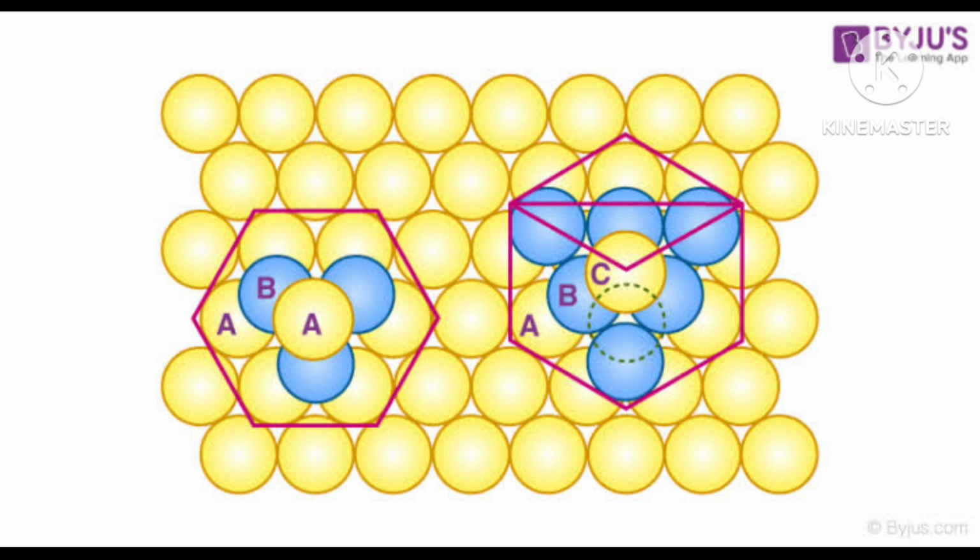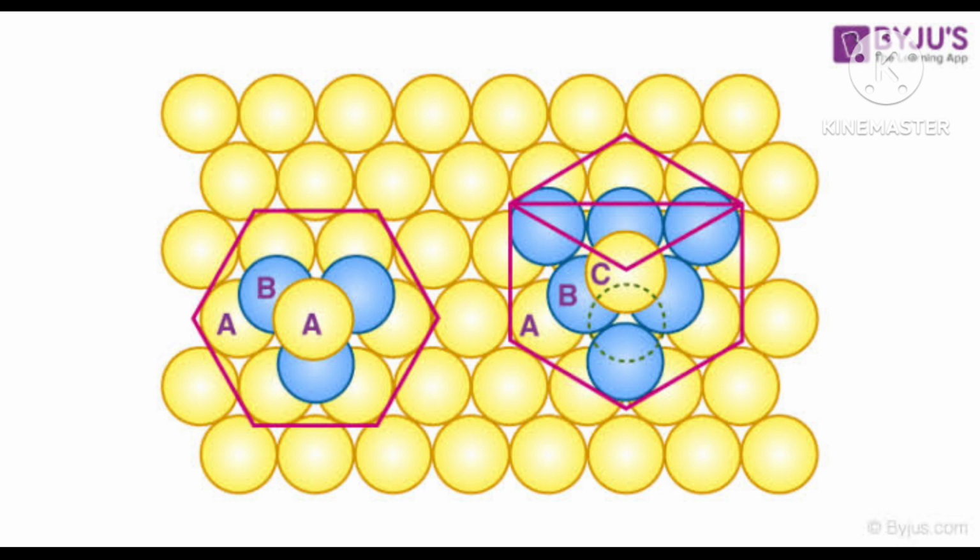First is covering tetrahedral voids, and second is covering octahedral voids. Tetra means 4, hexa means 6. Now we know. First, covering tetrahedral voids: the tetrahedral voids of the second layer may be covered by the spheres of the third layer.